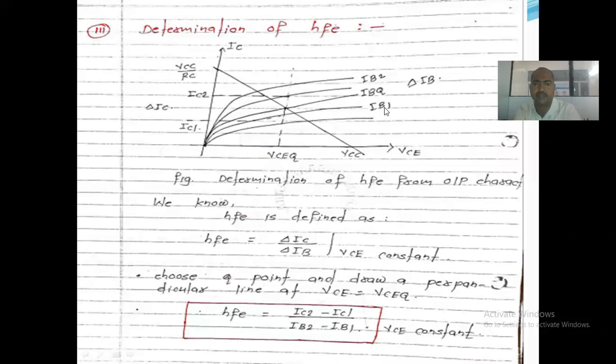It indicates IB1, IB2 and the minimum base current value, that is the IBQ value. So this is the delta IB.